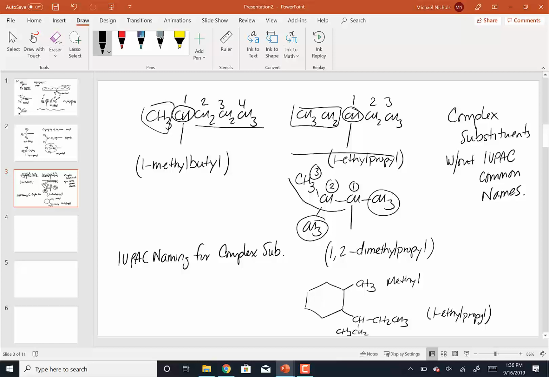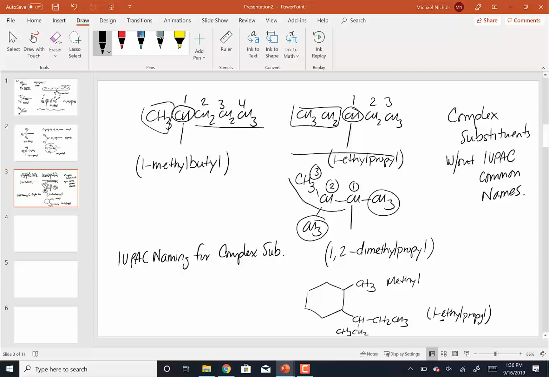Well, that's what I was going to say. What are our rules for this? Remember di, tri, tetra? Do you alphabetize on those? No. Well, there's one time you do. The rule for parentheses is that if there's a name in parentheses, the first letter, regardless of what it is, is what you alphabetize on.